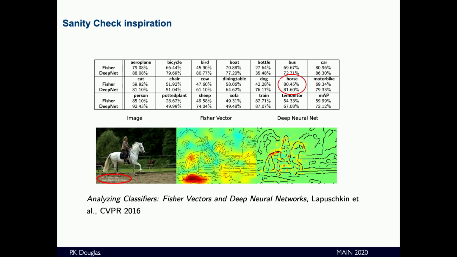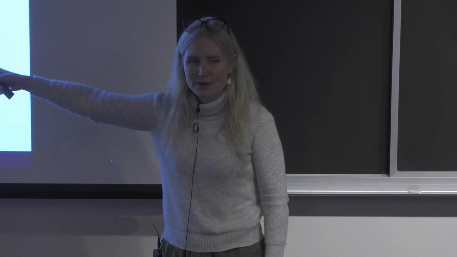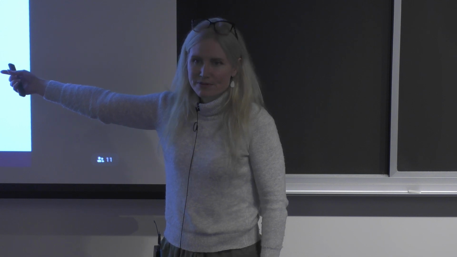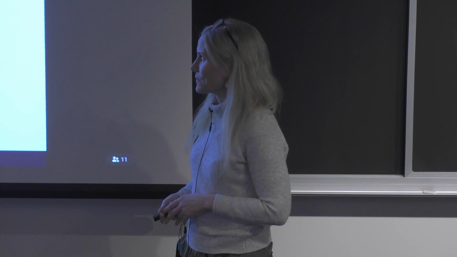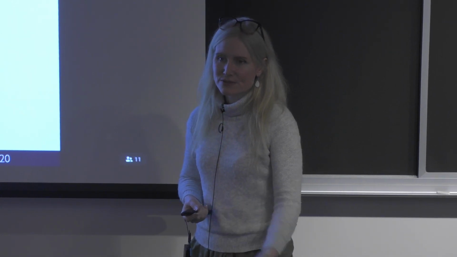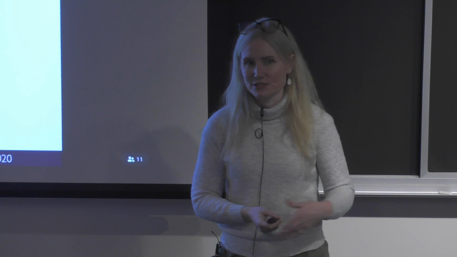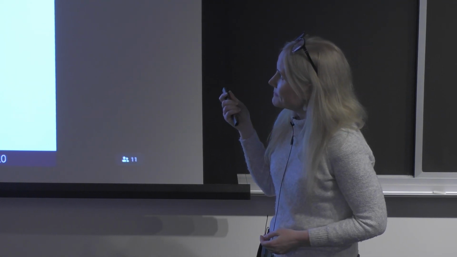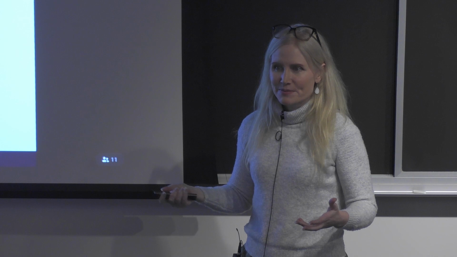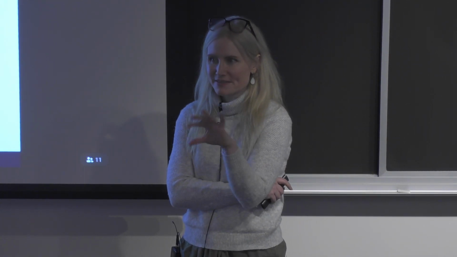In this case, the copyright symbol was used by the classifier to make the predictions of a horse. One might think, oh good, my model's working, it's predicting horses so well and so accurately. But in fact, the model was using the copyright symbol. And so this is one of the big arguments for explainable AI: to make sure that your model has learned the intended concept and hasn't learned a shortcut. But I was inspired by this and thought, can we flip this the other way around?